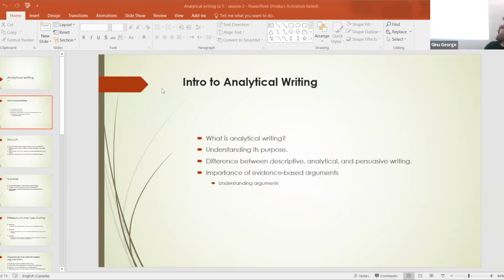And then we're going to briefly look at the importance of evidence-based arguments in general, which is a really important part of analytic writing. And part of doing that will be understanding arguments and argument types and the components of an argument and so on and so forth, okay?